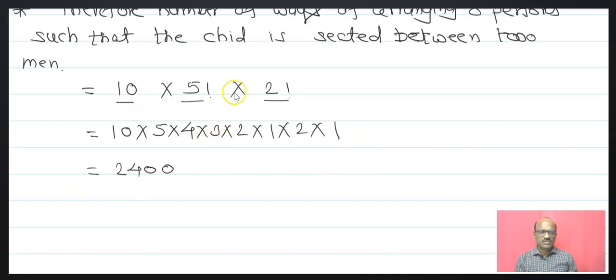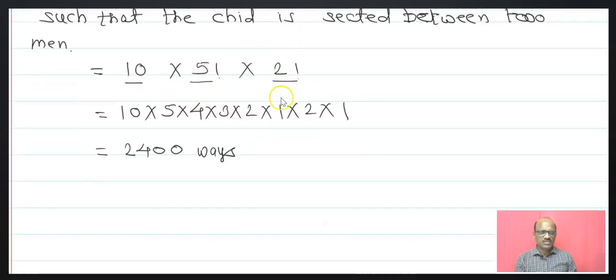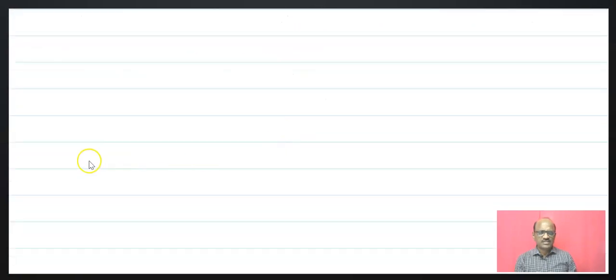Selection of the members, formation of this arrangement, and the 2 persons particularly how they can sit.